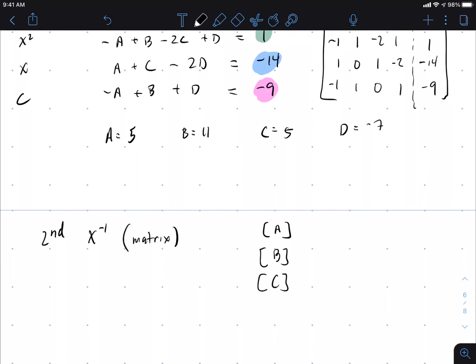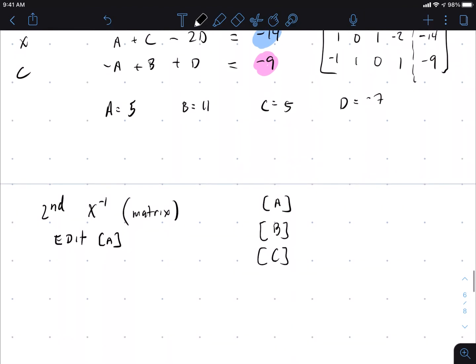What you're going to want to do then is go to Edit, and then pick the matrix you want to do. Typically it's matrix A. Now when that comes up, it's going to give you matrix A, and then it's going to give you dimensions, right?